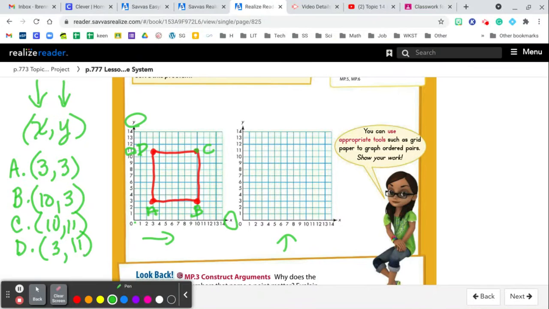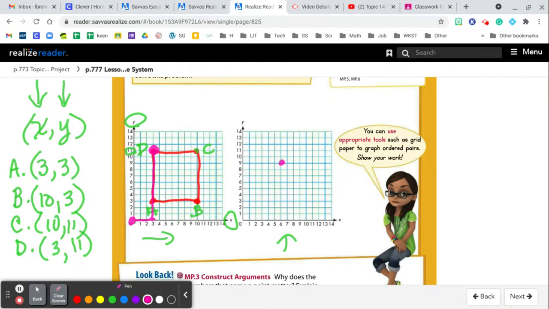So if I were to plot point D, my eyeball would start at 0, go over 3, and then go up to 11, and where it ends is my point D. And that's how you plot a point on a grid.